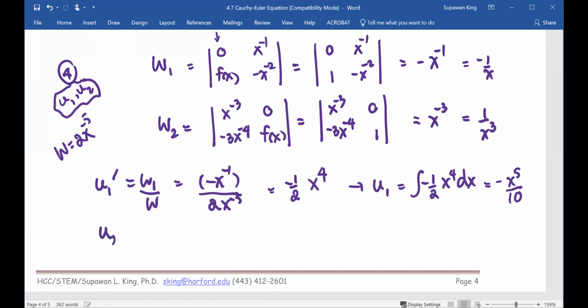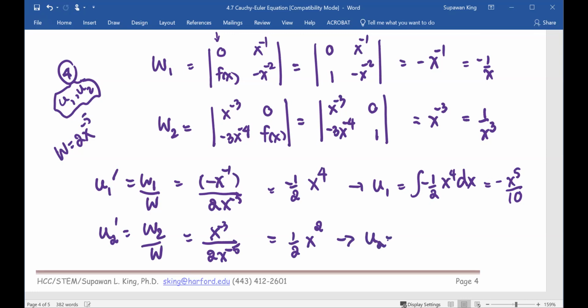And then the U2, W2 over W. W2 is x to the negative third divided by W, or 2x to the negative fifth. Adjust the power to be 1/2 x to the power 2 now. Okay, adjust the negative power, negative 3 minus 5, that becomes positive 2.